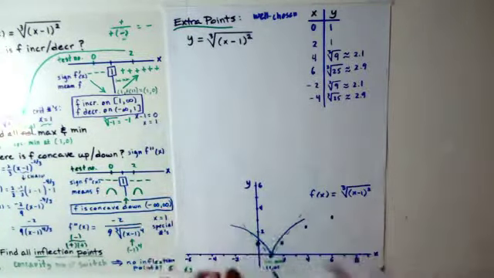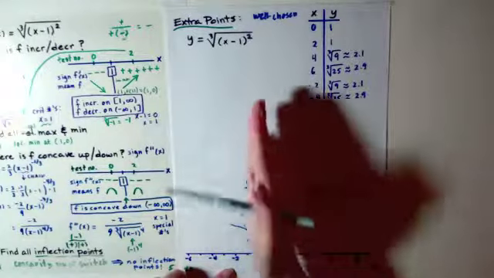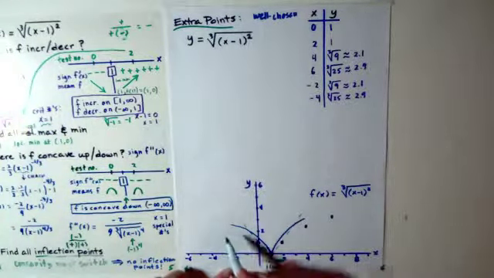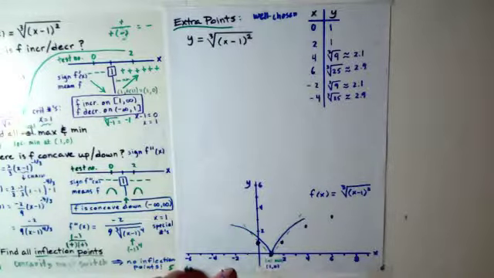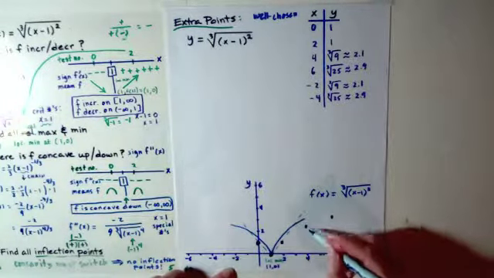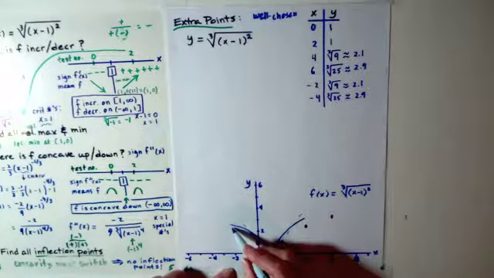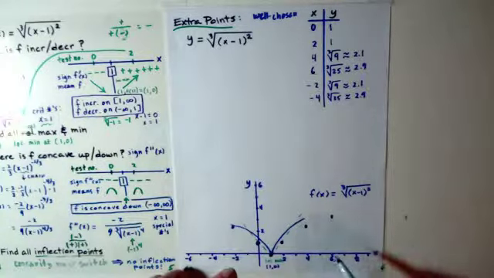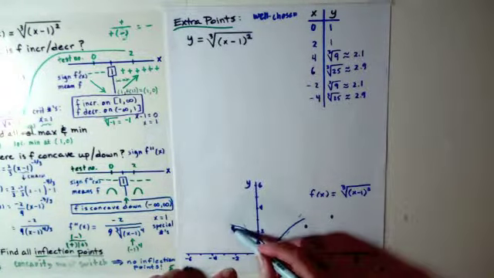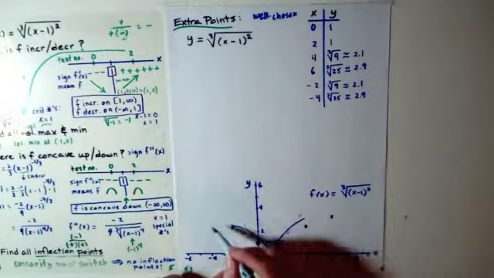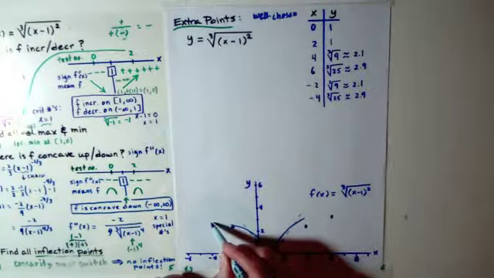So there's actually a symmetry going on here about the line x equals 1. When I put in -2, I go up to about 2.1. This point's a little bit high, but that's okay. And when I put in -4, I go up to about 2.9, almost 3.